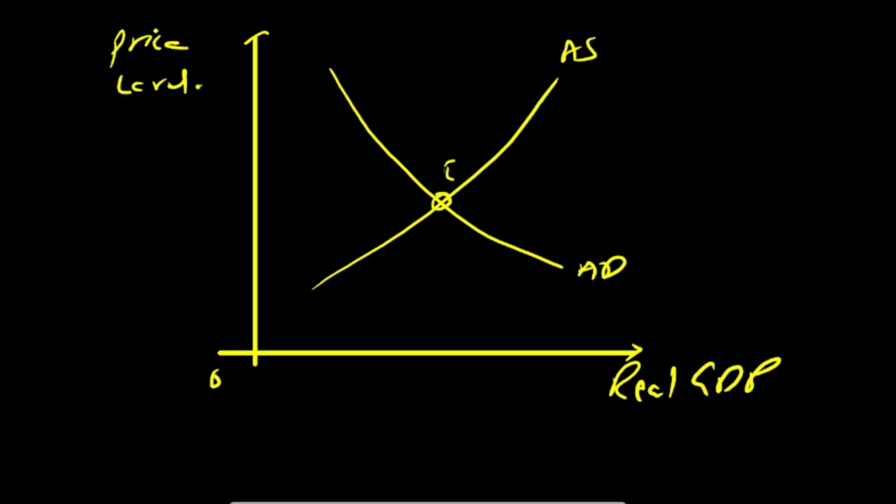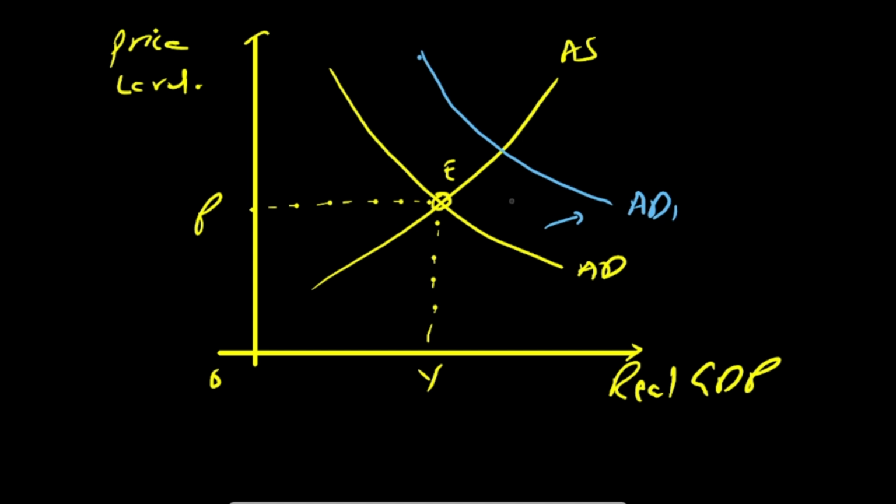Equilibrium takes place at E, where national income is equal to Y, or real GDP is equal to Y, and price level is P. Now if there is an increase in aggregate demand, then the aggregate demand curve will shift to the right from AD to AD1, and equilibrium will move from E to E1, where real GDP will rise from Y to Y1 and price level will increase from P to P1.